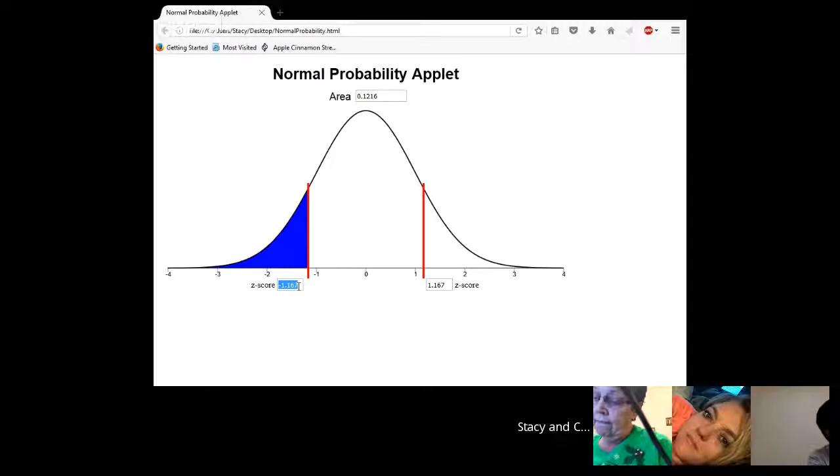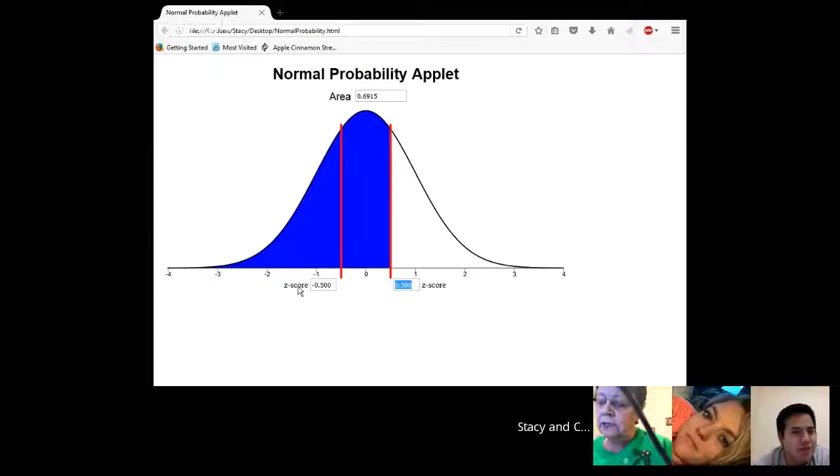But we have to remember that it's negative 0.5, right? Because you're taking a bigger number from a smaller number, 1,500 minus 1,800.